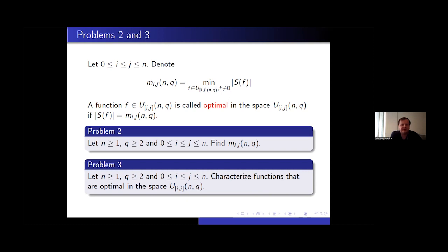A function f from the space U i,j is called optimal in this space if its support size is equal to m i,j of n,q. So problem 2 is to find m i,j of n,q, and problem 3 is to characterize functions that are optimal in the space U i,j of n,q.